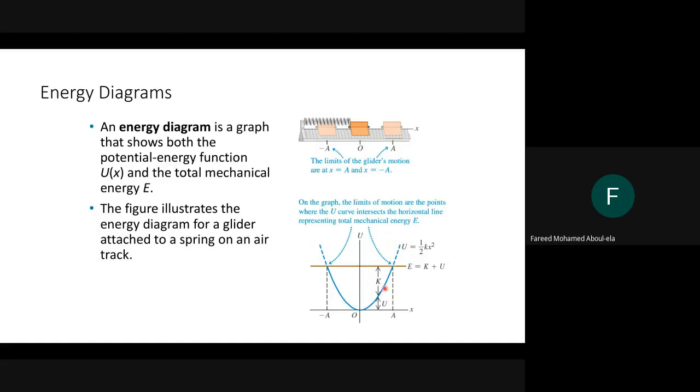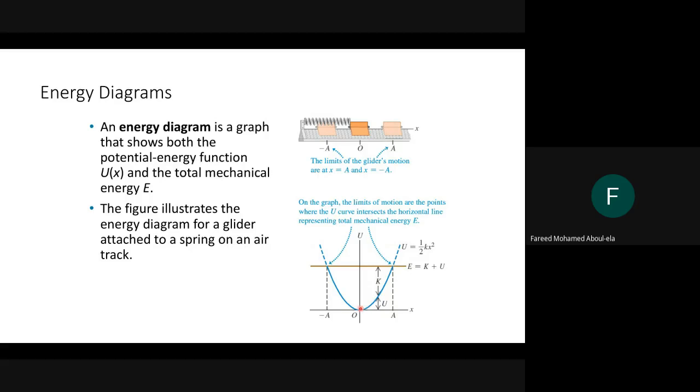Okay, so now when the mass moves back towards this equilibrium position, the potential energy decreases, it's going down. But total mechanical energy is conserved. It's constant. So the difference goes into kinetic energy.